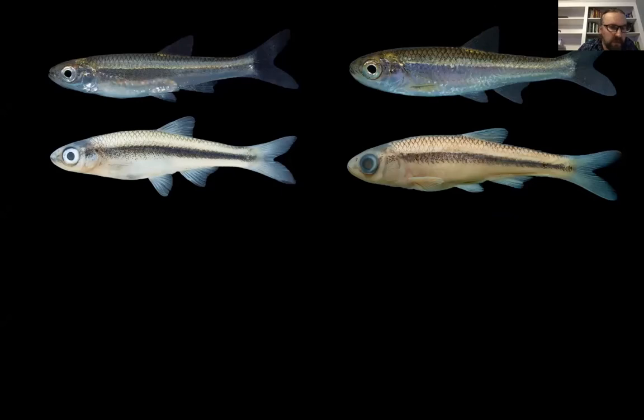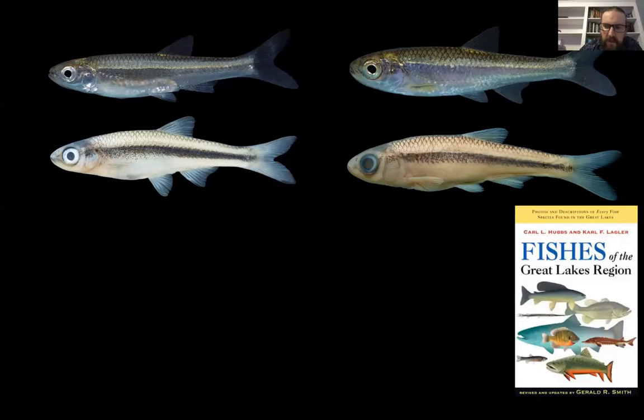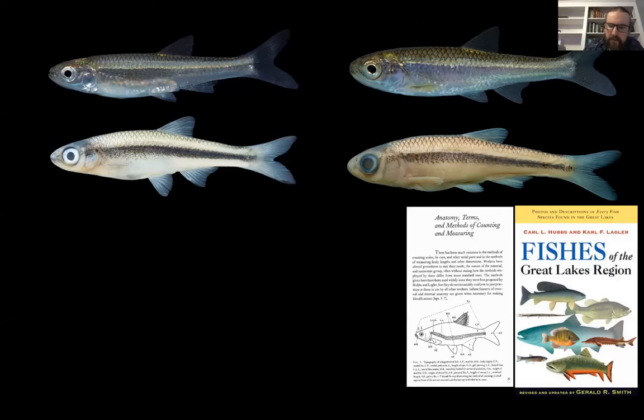So the first thing we did, of course, was look at specimens and try to figure out if there were morphological differences between these genetically distinct entities. And it's common in the United States to follow the standard counts and measurements that were introduced by Hubbs and Lagler.